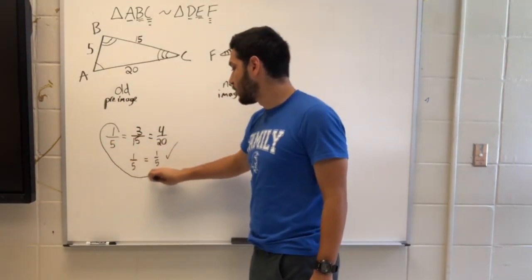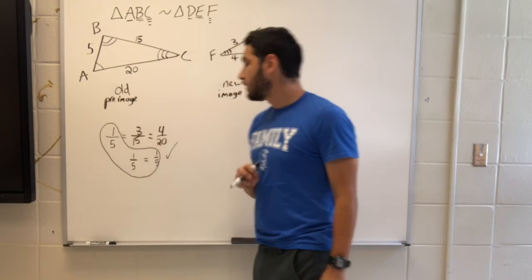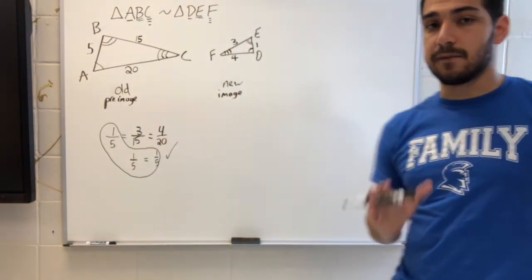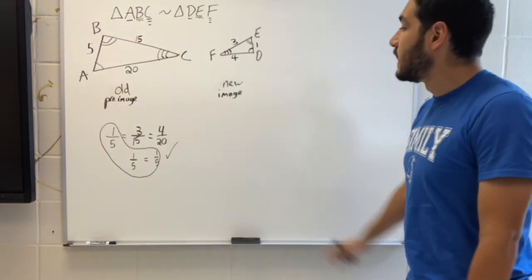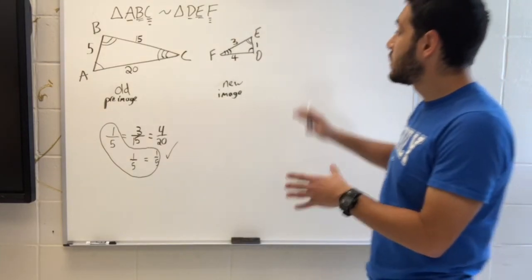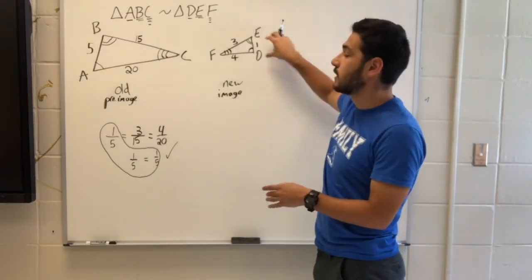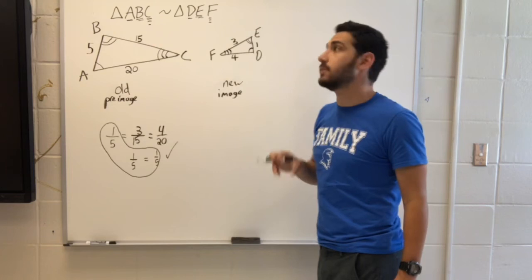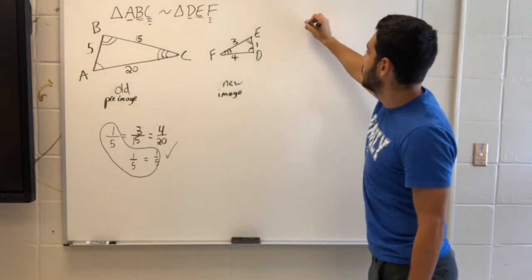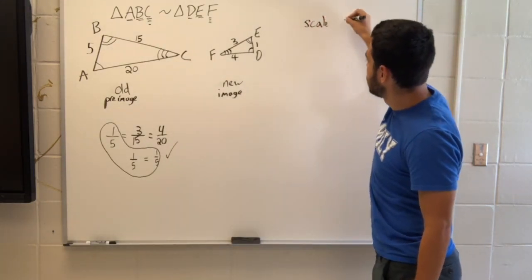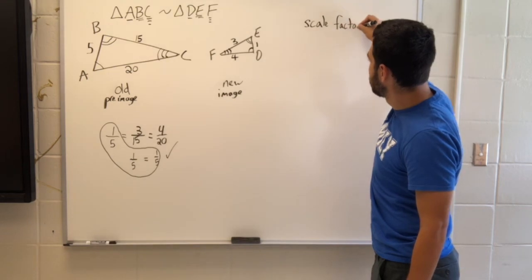Now, this number 1 over 5, it means more than just checking if it's proportional. This actually tells us how much smaller this triangle is than the large triangle. That is called the scale factor.